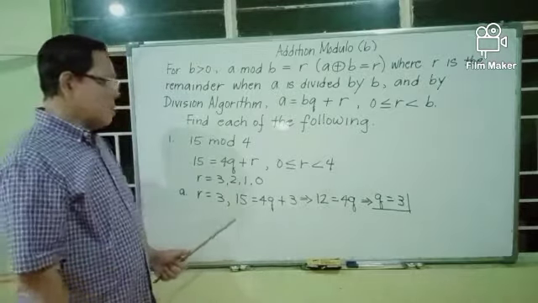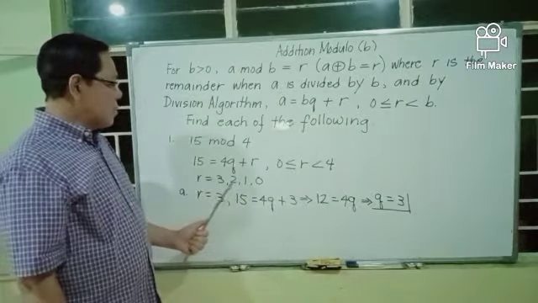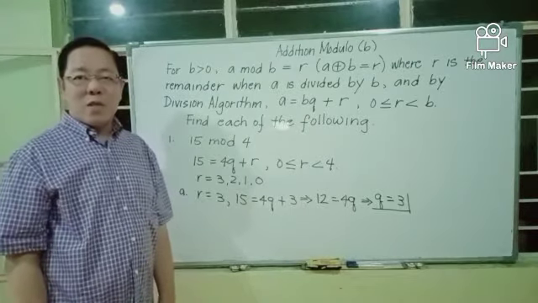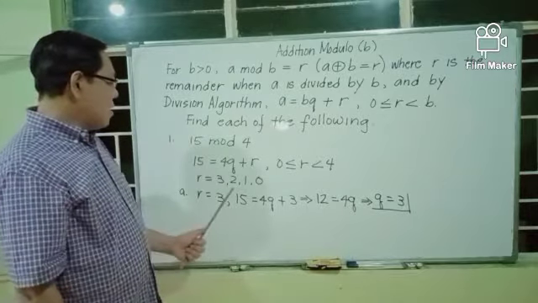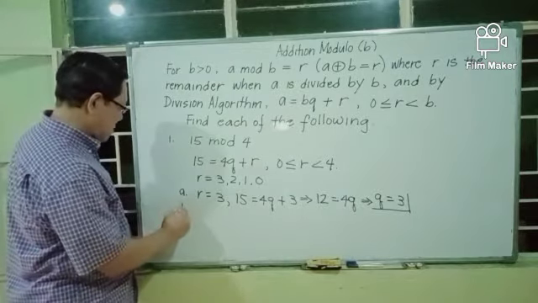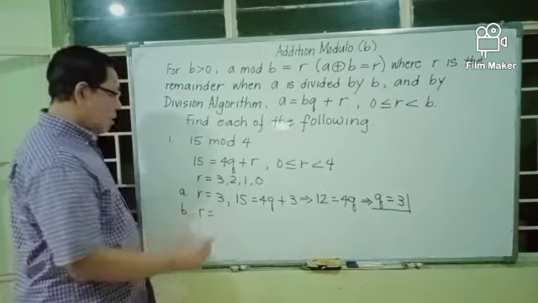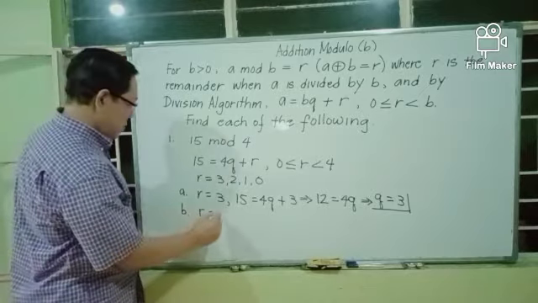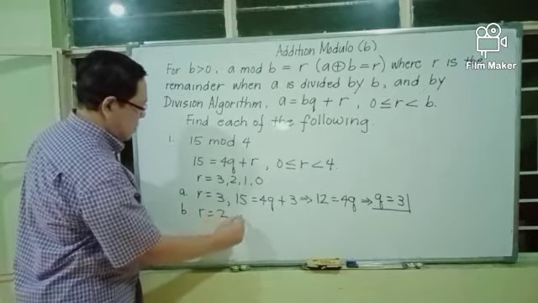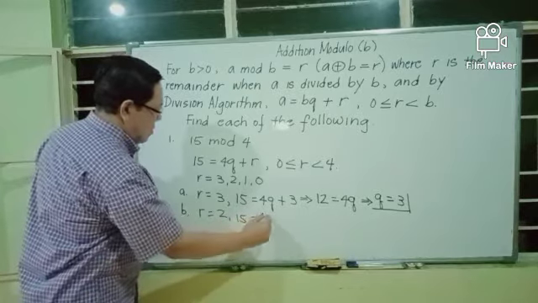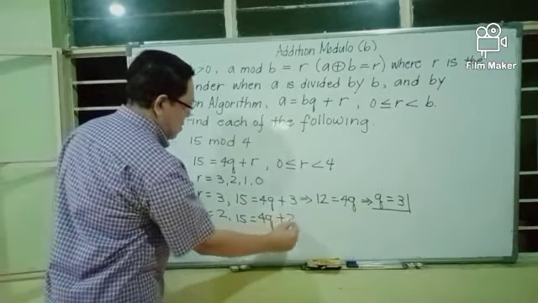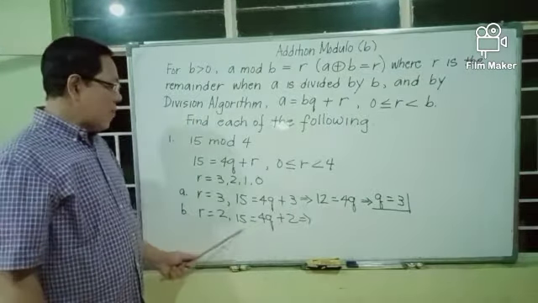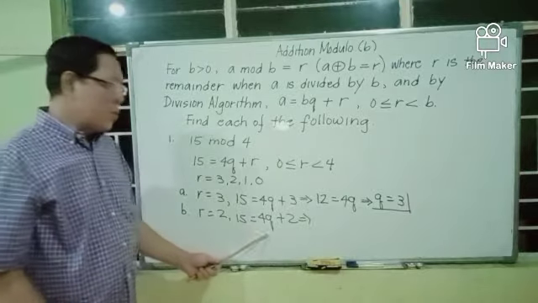Now we check if r is 2, if r is 1, if r is 0, if we will get another possible value for the quotient q. If r is 2, this equation becomes 15 equals 4q plus 2. And we transpose 2 to the left-hand side. At the right-hand side, we have 4q.